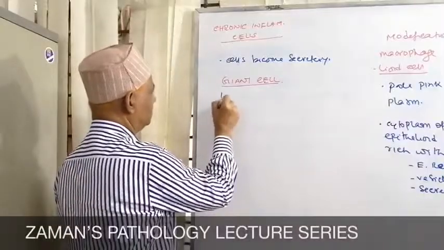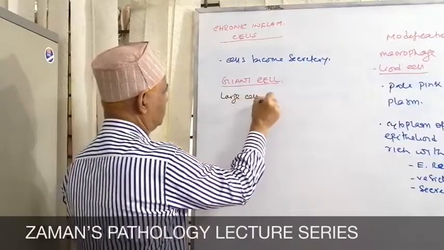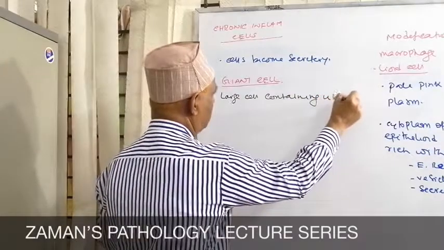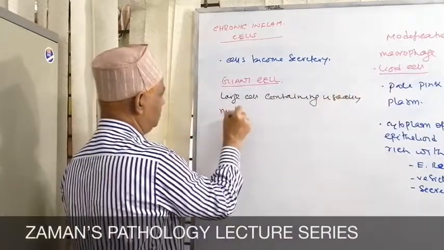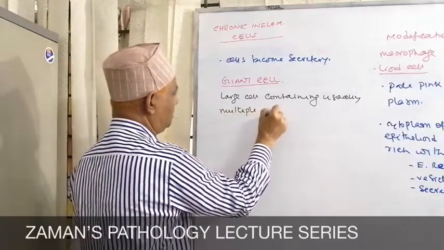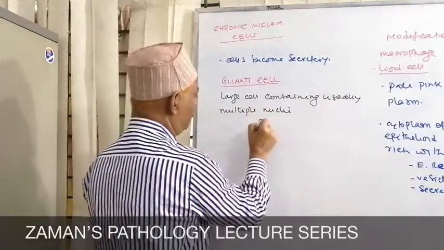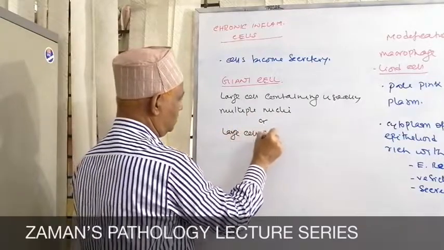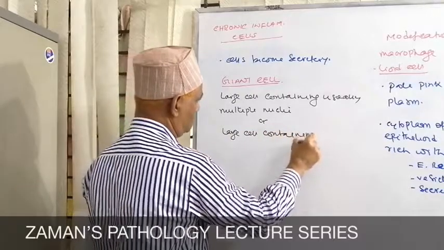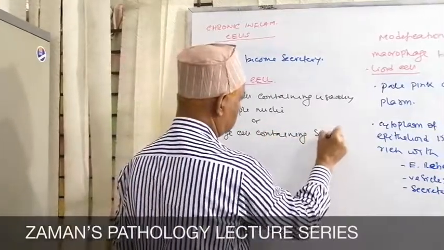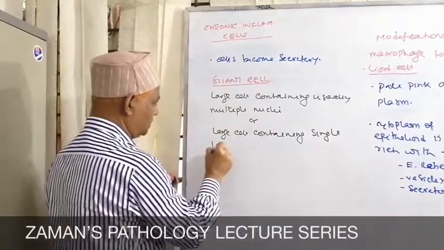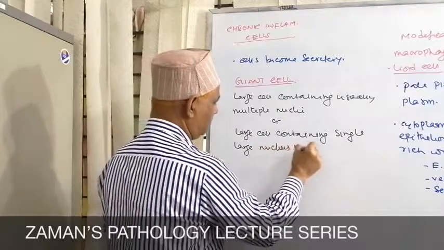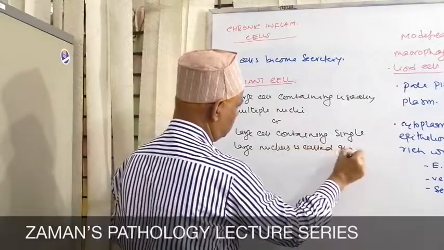Large cell containing usually multiple nuclei, or large cell containing single large nucleus. Large nucleus is called giant cell.